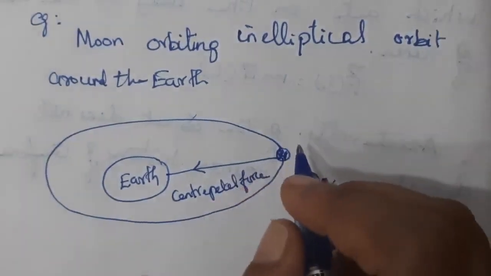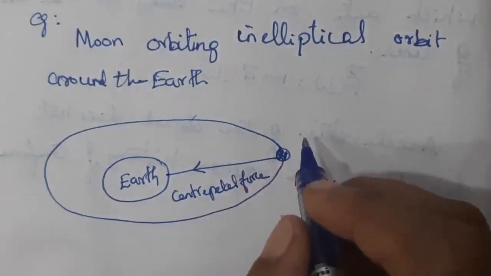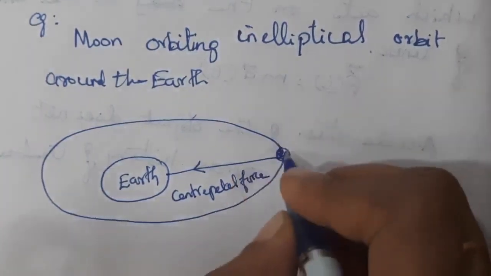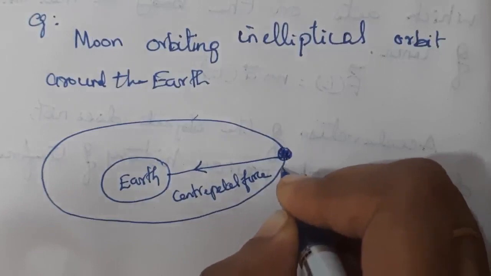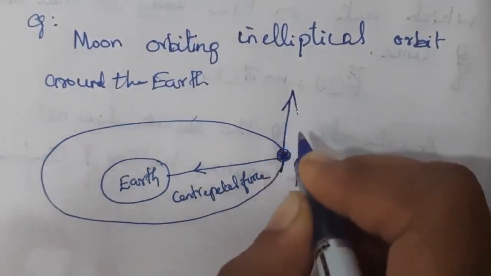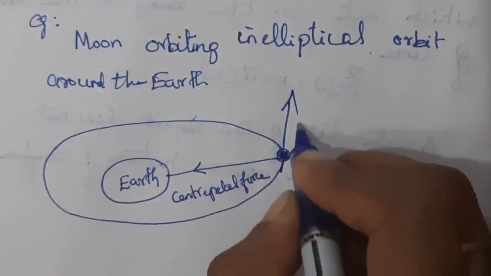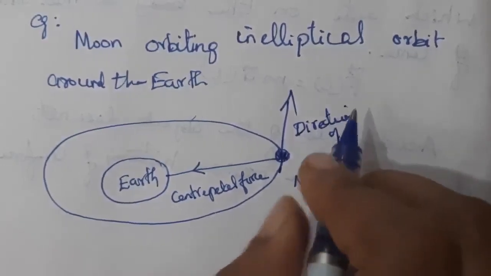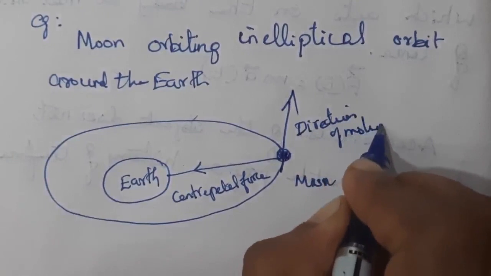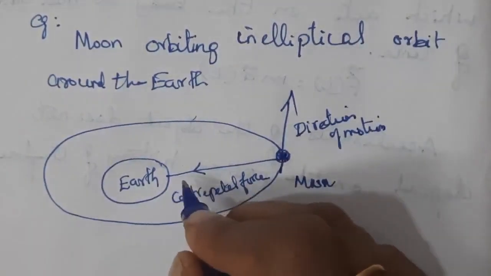But when you consider the direction of motion of the moon, at this point the direction can be mentioned by means of drawing a tangential line. So this is the direction of motion and this is the direction of the force.